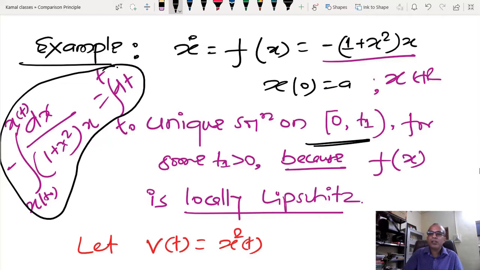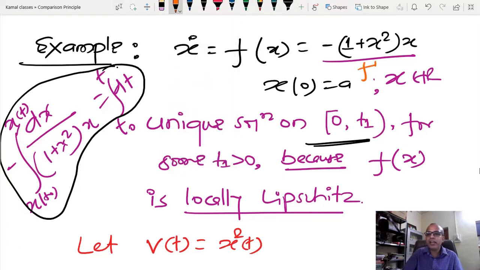Sir, it is locally Lipschitz, because I have to see the right hand side, and since this is differentiable, dou f by dou x is actually 1 plus x square. If x remains bounded, then I can always define a Lipschitz constant L, and due to that reason it is locally Lipschitz. Does anyone have confusion on this? Nidhi, do you have any confusion on why this is locally Lipschitz?